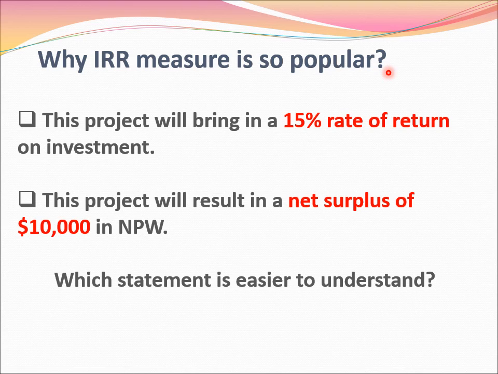But in the first one, when you know this 15%, you know actually what will be your net present worth or your surplus when you invest, or how much you invest on this project. Okay, that's why it is easier to understand and it's more popular. It's used a lot in comparing project alternatives with each other.